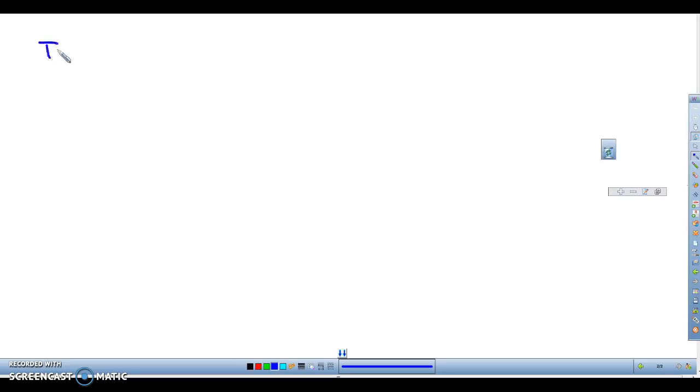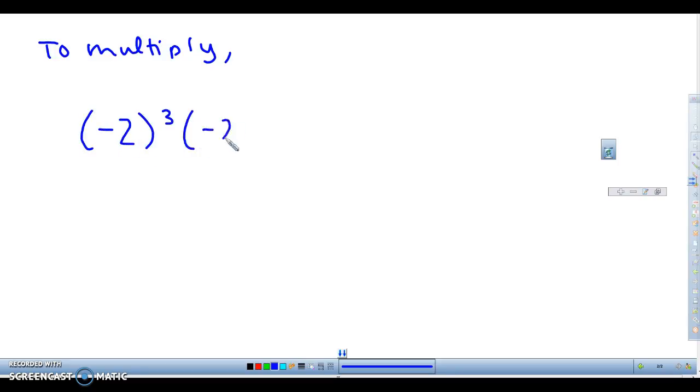We're going to learn how to multiply with exponents. So what I mean is, if I have negative 2 cubed times negative 2 squared, how do I multiply these together?